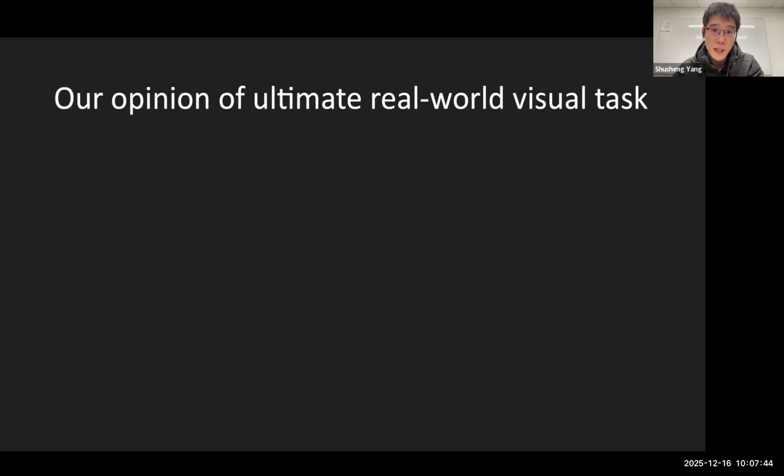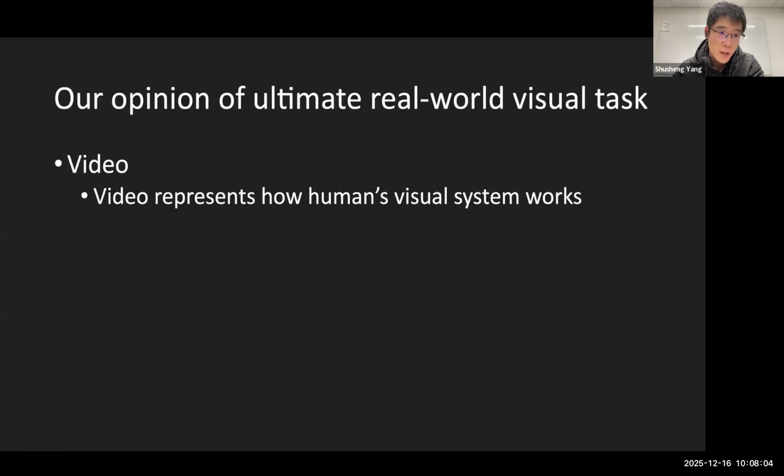But in our opinion, our imagination of the ultimate real-world task has several characteristics. The first one is that the ultimate real-world visual task has to be video-related. And we want it to be video-related because video represents how the human visual system works, right?